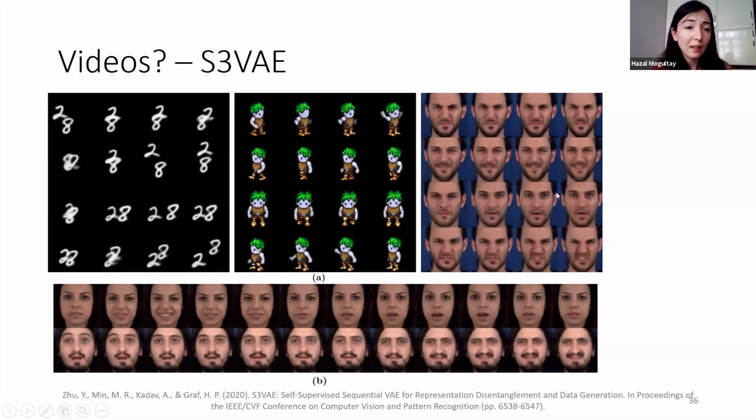Actually, you can disentangle the objects and their transformations, and by using this time series information, you can simply generate the next frame.